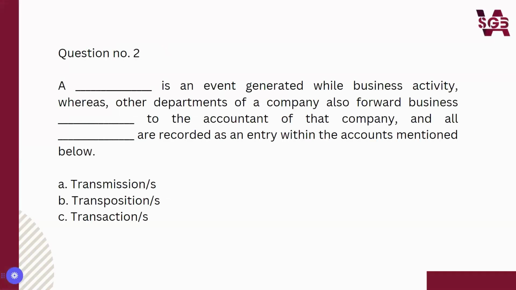Question number 2. A blank is an event generated while business activity, whereas other departments of a company also forward business blank to the accountant of that company, and all blank are recorded as an entry within the accounts mentioned below. A, transmission, transmissions. B, transposition, transpositions.